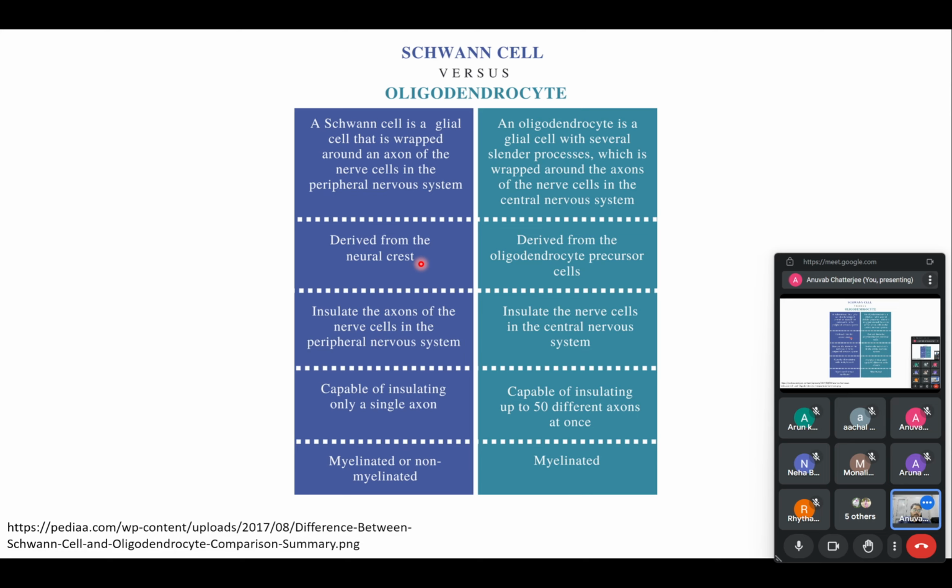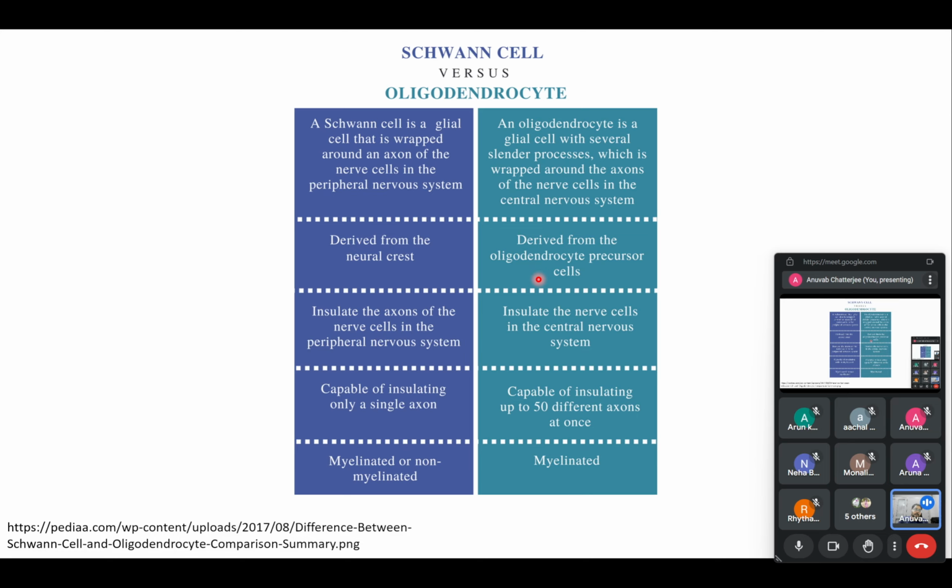The neural crest is a particular cell type produced during early development. These cells are released from the folding neural tube, can migrate long distances, and form various structures, and one of these is Schwann cells.